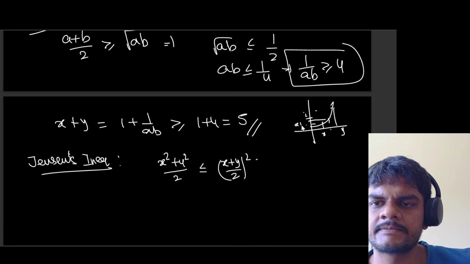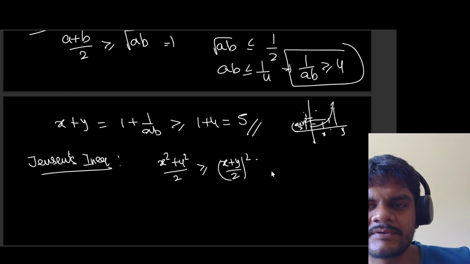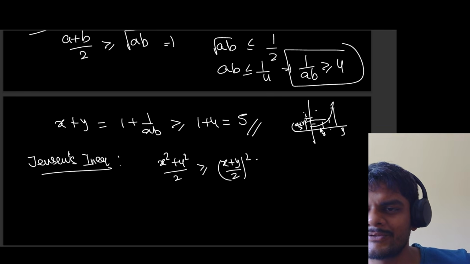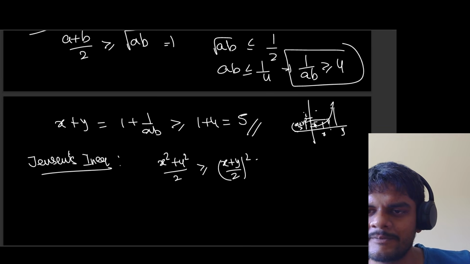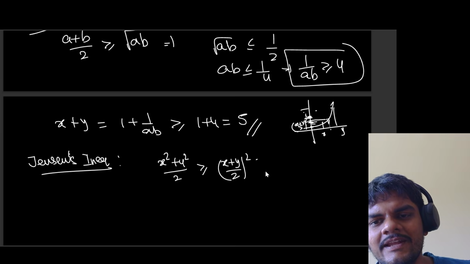So x plus y by 2 whole square is less than or equal to, oh, so this is the opposite. This is greater than or equal to this. So this is how you verify, right? Even I get confused. So you have to draw the graph and you'll see that the value at the midpoint will be below the midpoint of the y values. So that's what I'm doing.